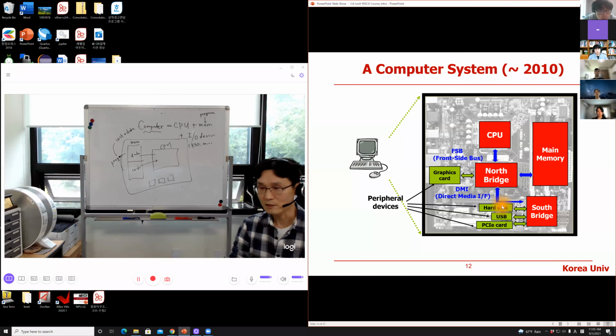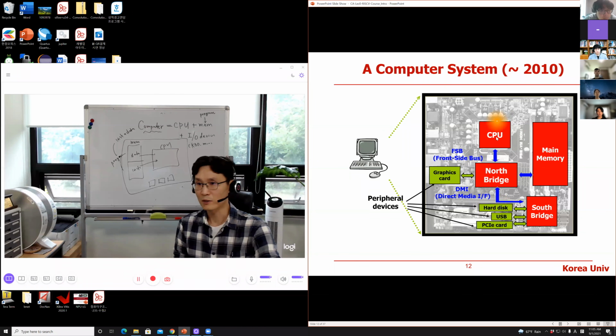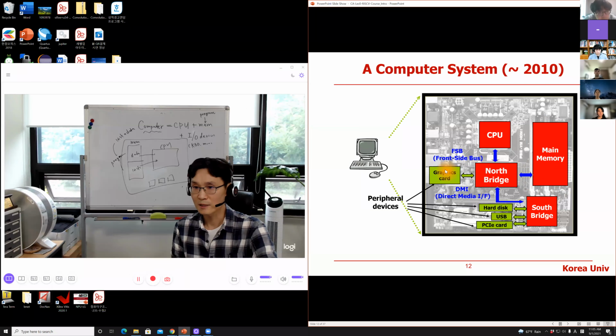Take a look at the motherboard. We have the CPU, memory, and these green boxes, which are all different kinds of I/O devices. And this big component, North bridge, South bridge, is also very complicated hardware. But the main function of the North and South bridge is as a communication medium to connect what?